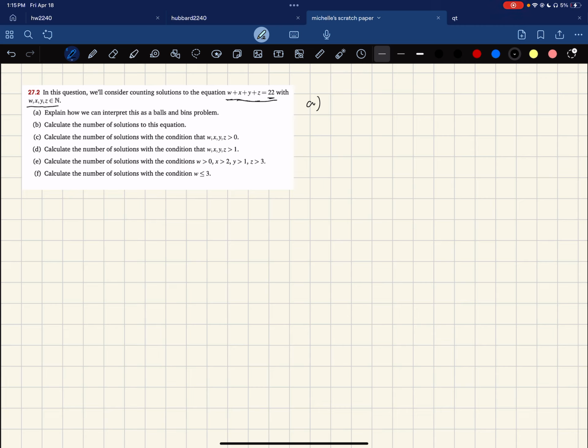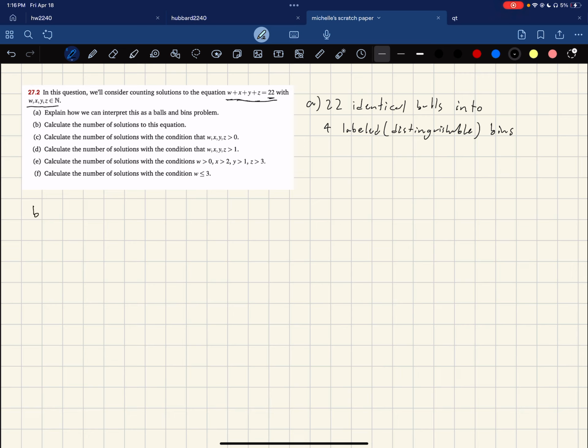Since all the numbers are identical, we can look at this as 22 identical balls into four labeled, so they are distinguishable, bins. Okay, so let's look at B.